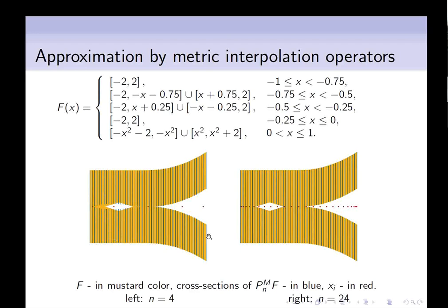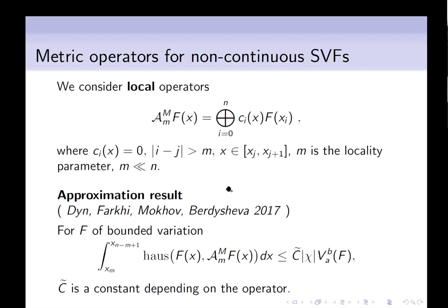So this is just to see how it looks for 1D sets. We also approximate non-continuous set-valued functions, again with the same adaptation. It is our metric linear combination. For this case, we consider only local operators, so we have this additional property.